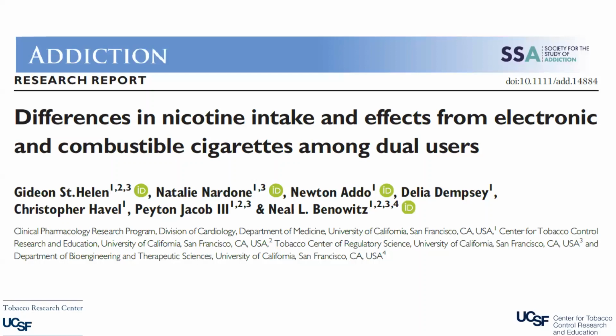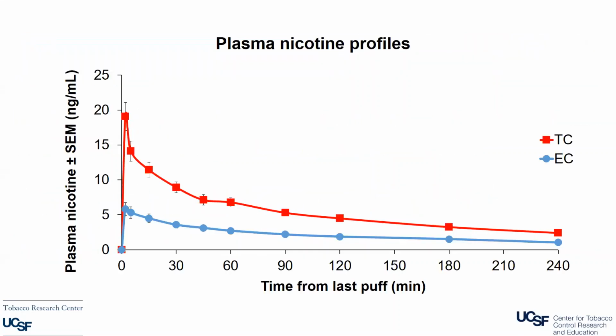They used only electronic cigarettes, and then they came in the following week and used only combustible cigarettes, in counterbalanced order. This compares the blood nicotine levels from a standardized session of 10 to 15 puffs, where they used the electronic cigarettes, and then the next week the combustible cigarettes.